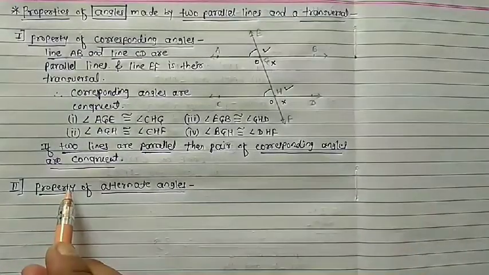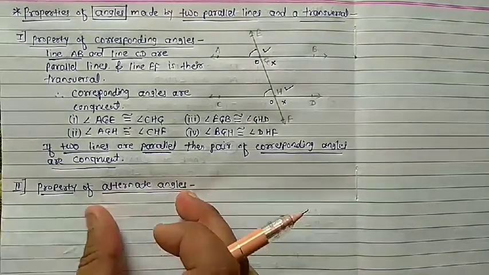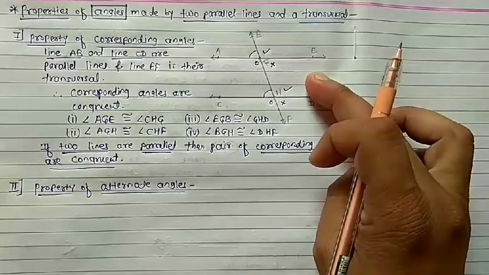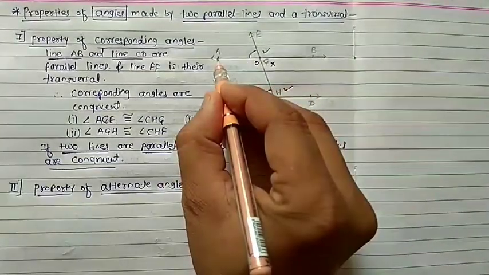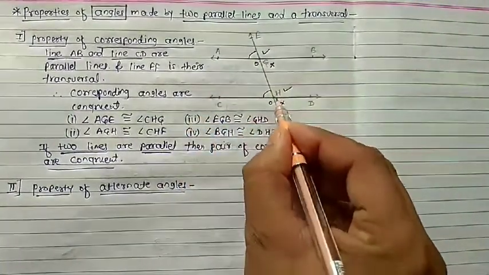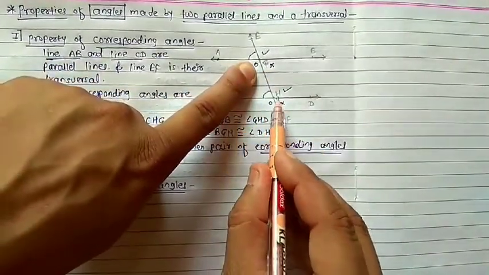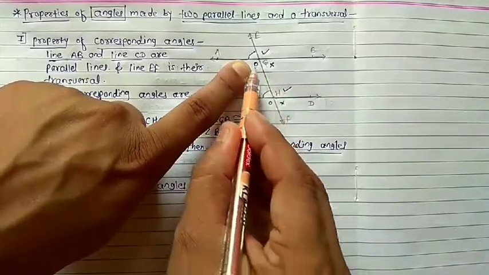Now the second property is the property of alternate angles. To understand the property of alternate angles, let us consider the same figure. Alternate angles: angle AGH is congruent to angle GHD. These two angles are alternate angles.